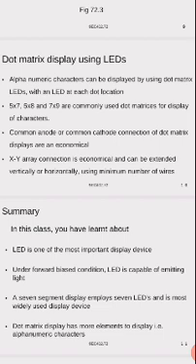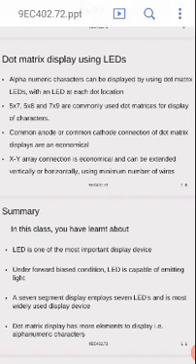Dot matrix display has more elements to display, that is, alphanumeric characters.